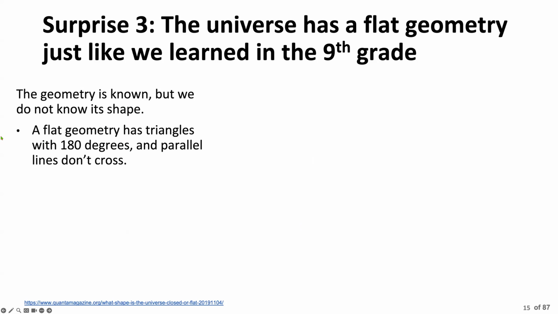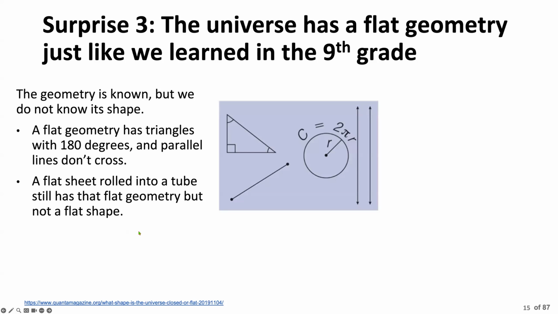Well, I mentioned two of them. Triangles have 180 degrees. A circle has a circumference of 2 pi times the radius. Parallel lines don't cross, and so forth. So this is something you saw when you took geometry, properties of lines and triangles and circles.